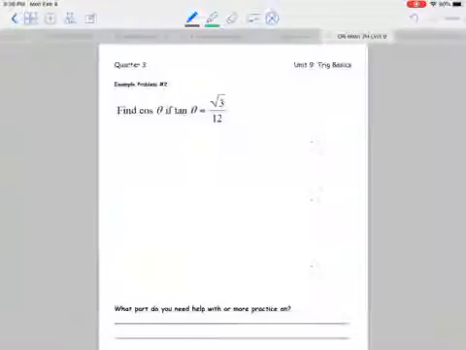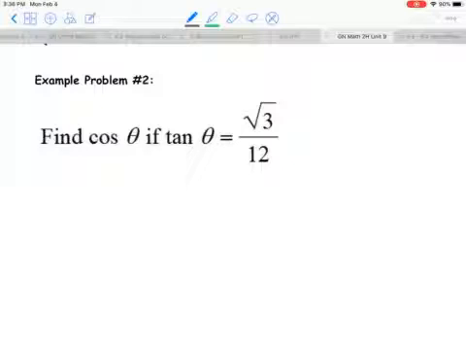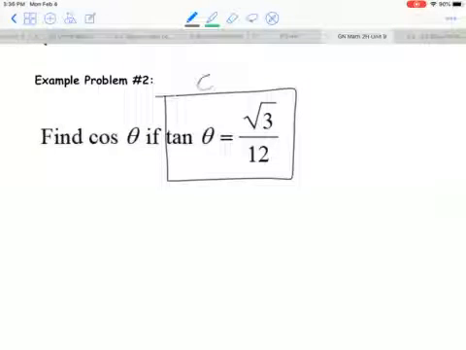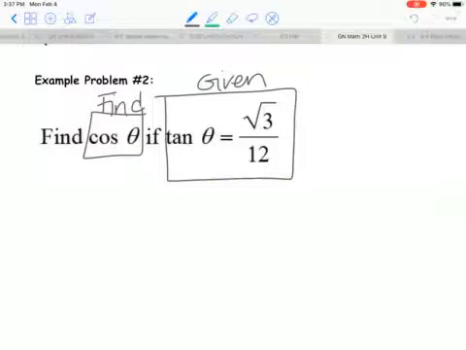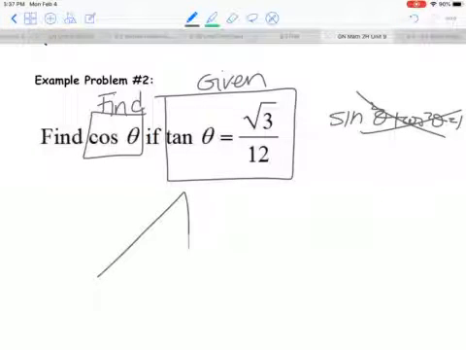Okay, let's take a look at the second practice problem. See how this one, our given is tangent, and we're trying to find cosine. So if they give you tangent, we don't use this theorem. We use a triangle. And just put theta in a corner.